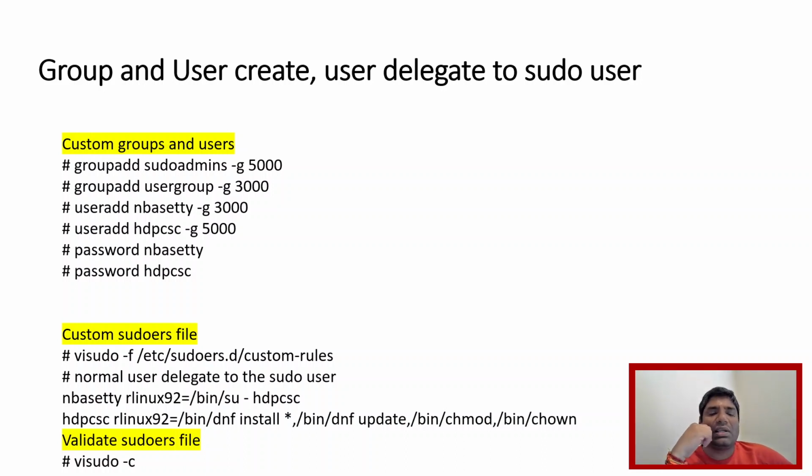And here I'm delegating n-baseti is the user and our linux 92 is the name of the host, and I'm saying I'm going to execute as a substitute sudo user on behalf of that user. I can log in as an admin, and then I can perform some activities like DNF install, DNF update, change mode, and change ownership.